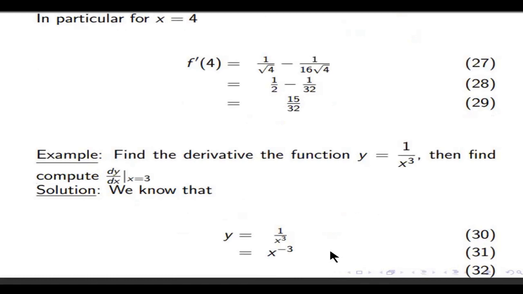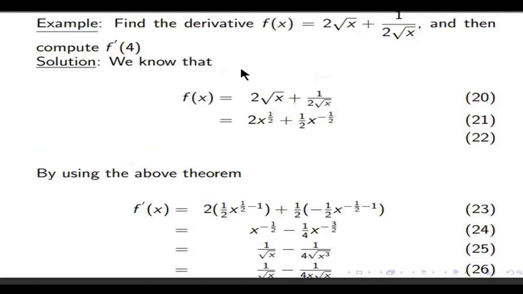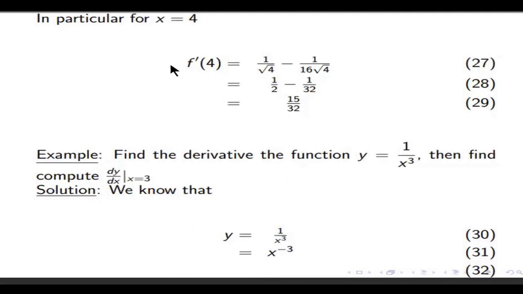In particular, for x equal to 4, f prime at 4 is equal to 1 over root 4 minus 1 over 4 times 4, which is 16, times root 4.